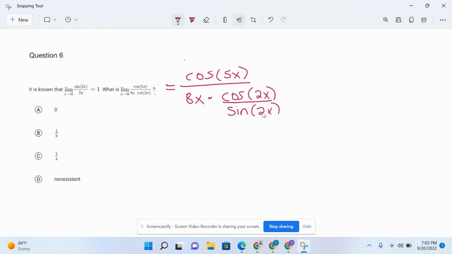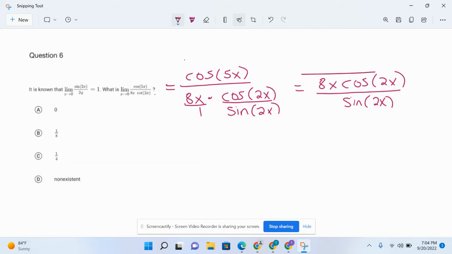Let's play around with the bottom. Let's turn that bottom into one fraction: 8x cosine of 2x all over sine of 2x.